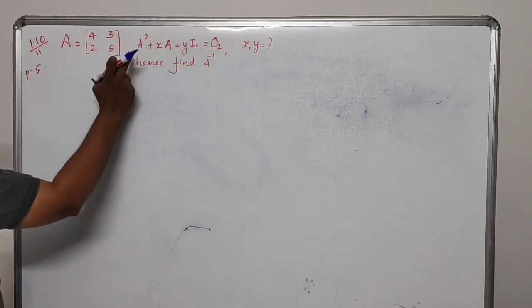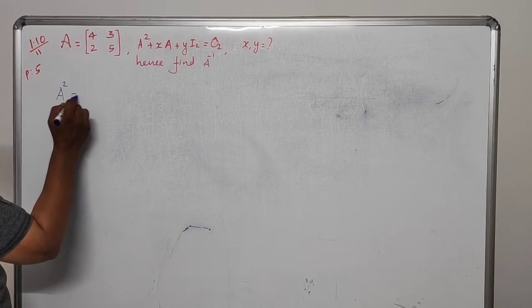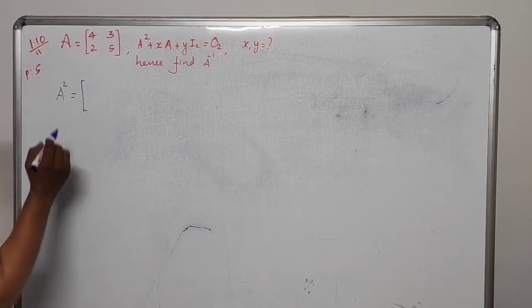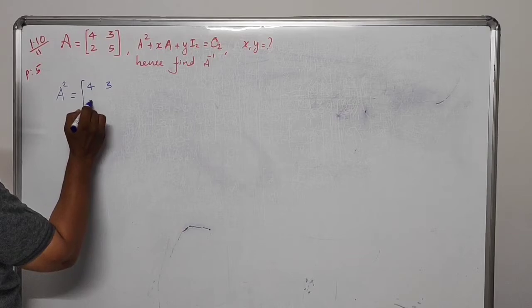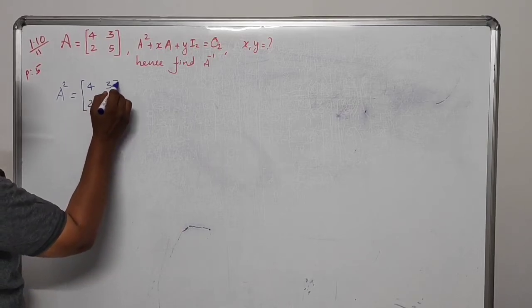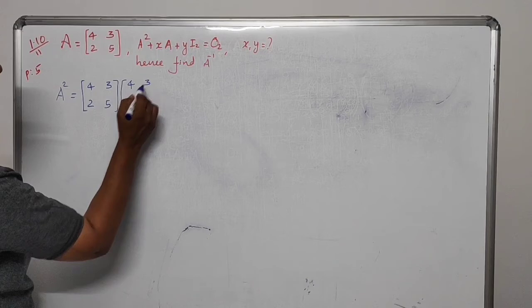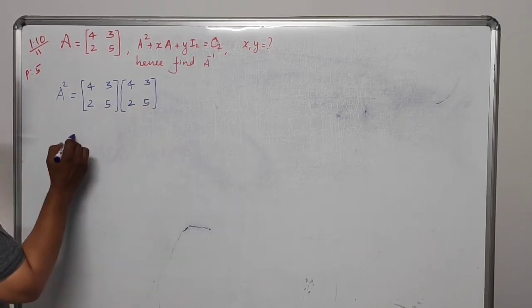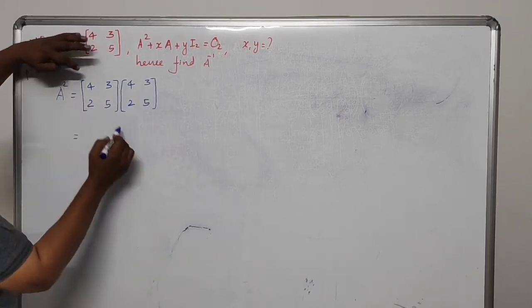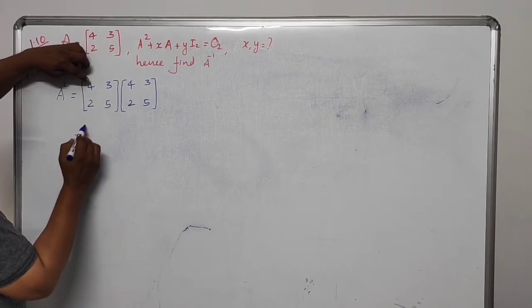For that first we need to find A square. Therefore we can find A square. We know very well A square means A into A. Therefore we can write 4, 3, 2, 5 into, again the same matrix, 4, 3, 2, 5. Now you can go row by column. 4 4s are 16 plus 6 equal to 22.